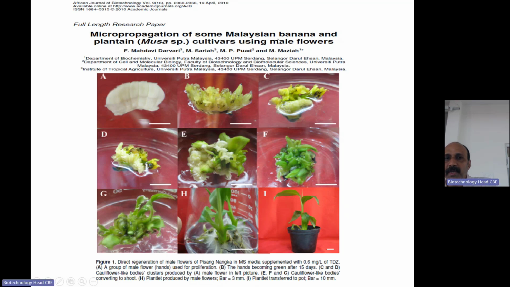Male flowers can also be used to produce plantlets, so that in a rhizome you get only one, but in male flowers we can get many shoots because there are many flowers. From each flower we can get a plantlet, so that is possible. This is not normally followed, but it is possible to produce many shoots from a single flower.